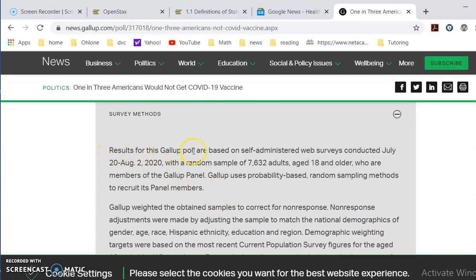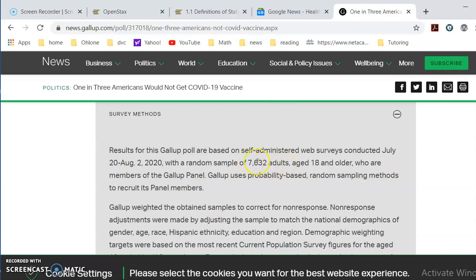The results of this Gallup poll are based on a self-administered web survey conducted July 20th to August 2 with a random sample of 7,632 adults aged 18 and older who are members of the Gallup panel. So they have a certain group of people that they have pre-selected as a panel. They put the survey online, and they end up having 7,632 adults answer the questions.